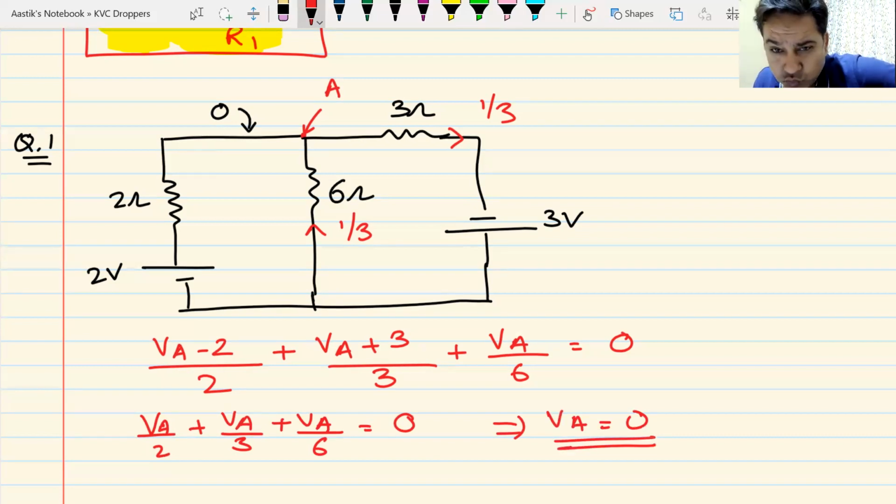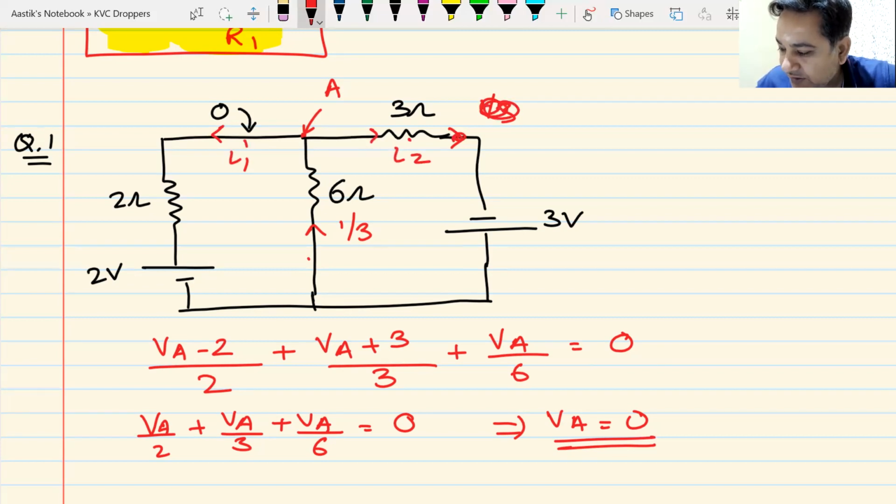VA is 0. Did you get that answer? There is no current flowing. Okay, VA is 0. So if VA is 0, how much will be I1? Let me call this as I1, let me call this as I2, and let me call this as I3.